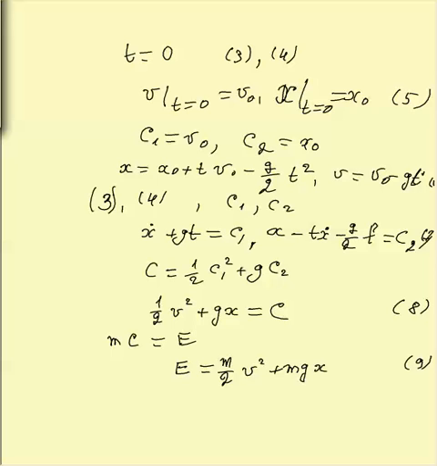So the conservation of energy 9 can be written in terms of, because it is constant for any time, we can take time equals to 0 and then obtain m over 2 v squared plus mg x. If time is 0, then it becomes m over 2 v0 squared plus mg x0. So we can use either the form 9 or the form which is written right now.